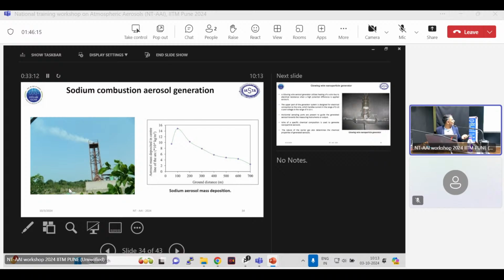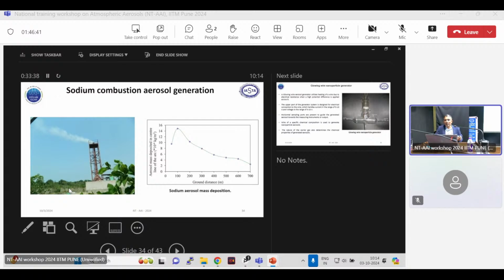And in one typical experiment, we found that the concentration is not simply decreasing or increasing. It first increases, has a peak at 100-meter distance from the release point, and then it decays. This type of study we generally use to validate dispersion models, like short range dispersion models.